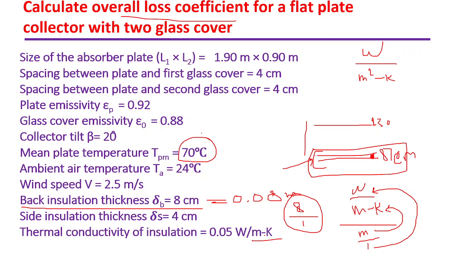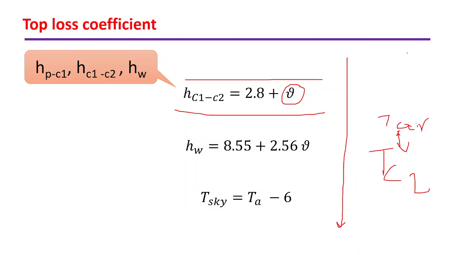Whenever you report your answer, the number should always have its respective unit. These are the basic fundamentals to solve any problem. So you solved for the UB. Will you try it for the US, the side loss coefficient?